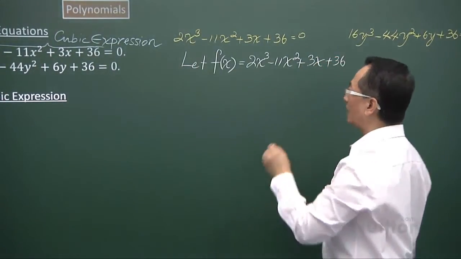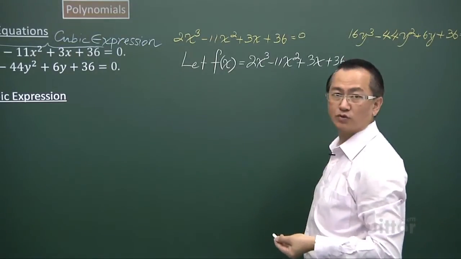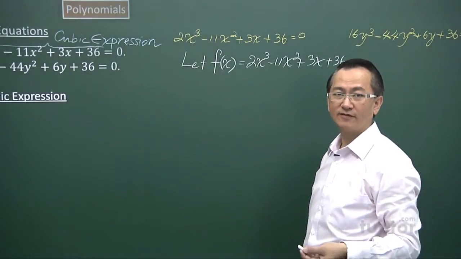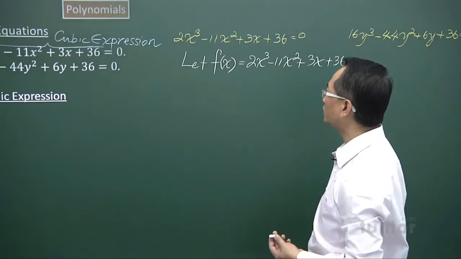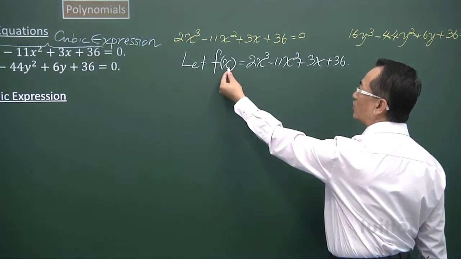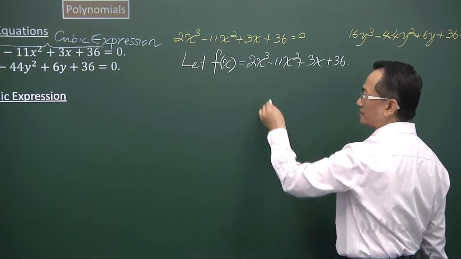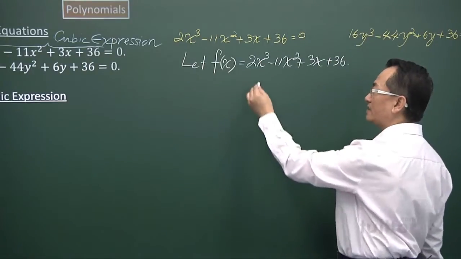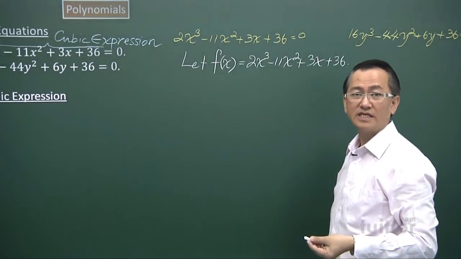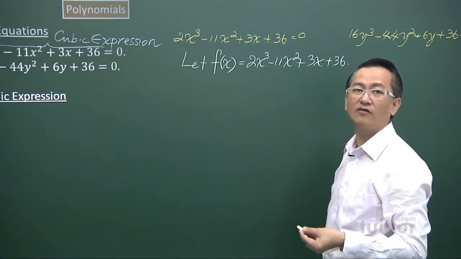The reason we let f(x) be equal to the cubic expression is that we will use the factor theorem to work out what values of x we can put into f(x) in order to get f(x) equal to 0. When we get a 0 result, it means this x value is a valid x value to obtain a factor of f(x).